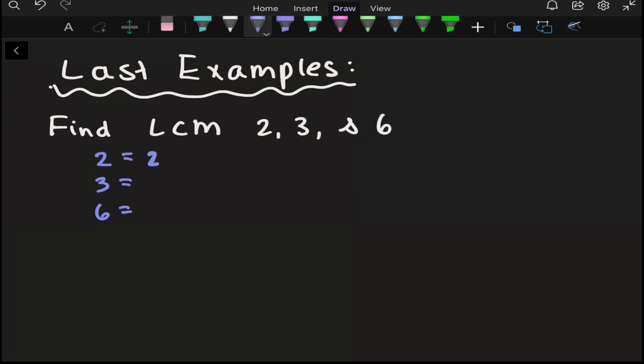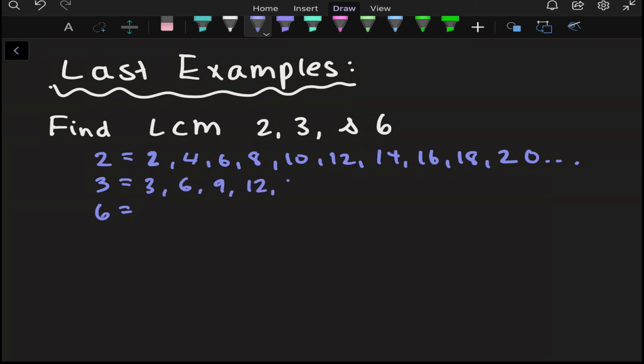So 2, 4, 6, 8, 10, 12, 14, 16, 18, 20, and so on. 3, 6, 9, 12, 15, 18, 21, 24, and so on. 6, 12, 18, 24, and so on.